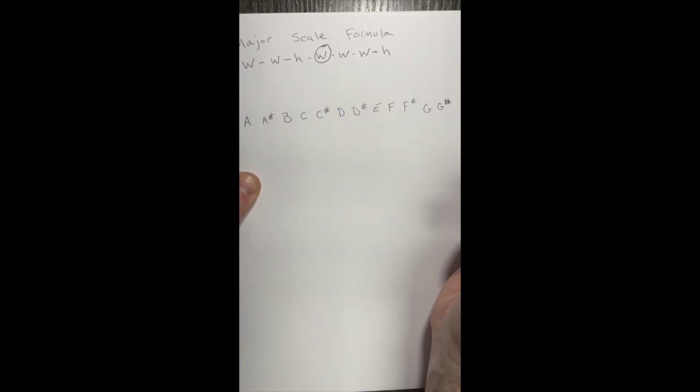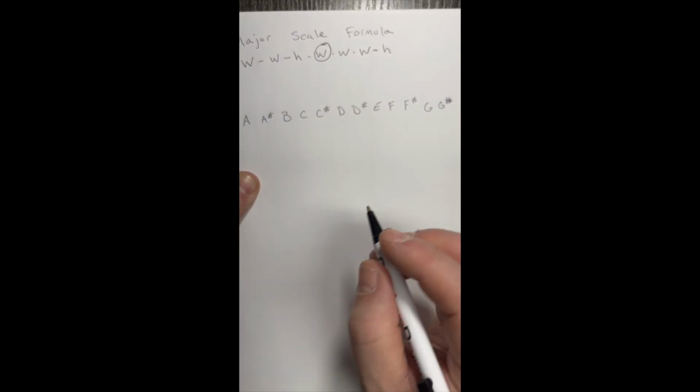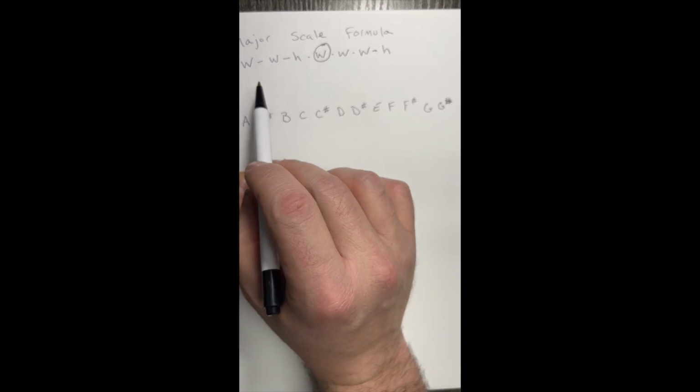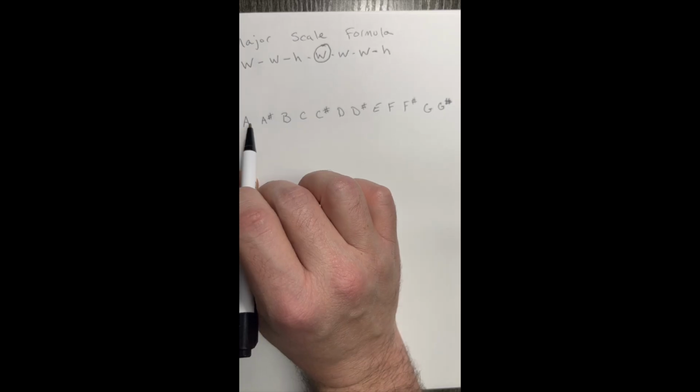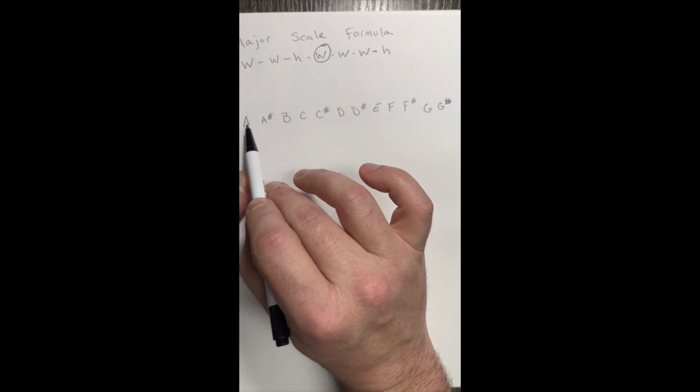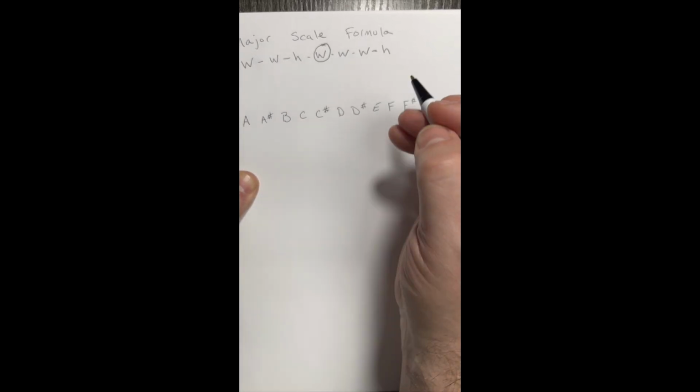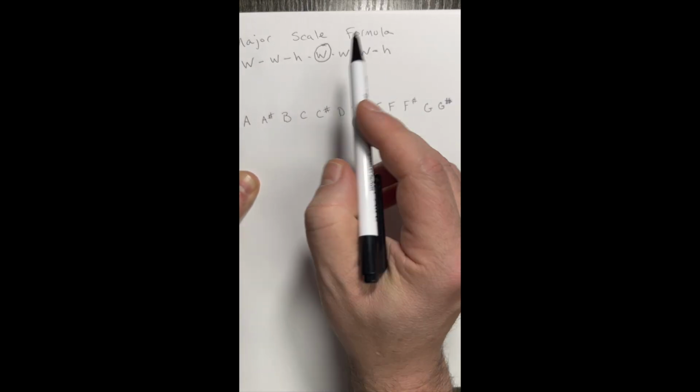We can go back and double check the list that I've already given you to make sure I do this correctly. So if I want to know what the notes of the A major scale are, I start from A, and then I'm going to apply this formula.